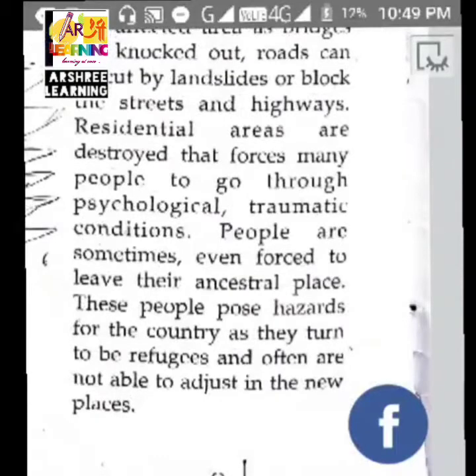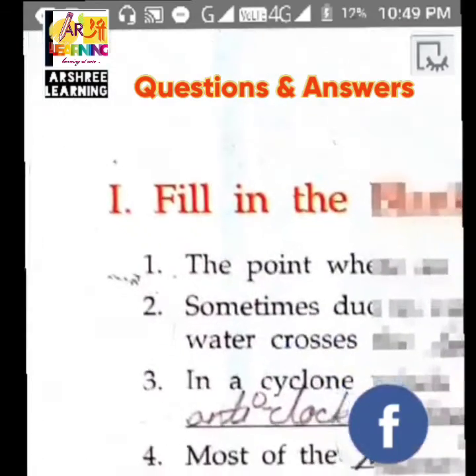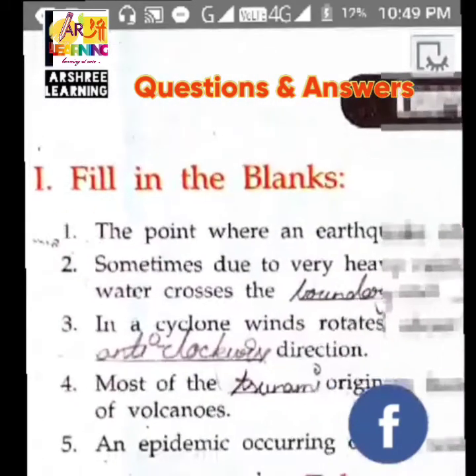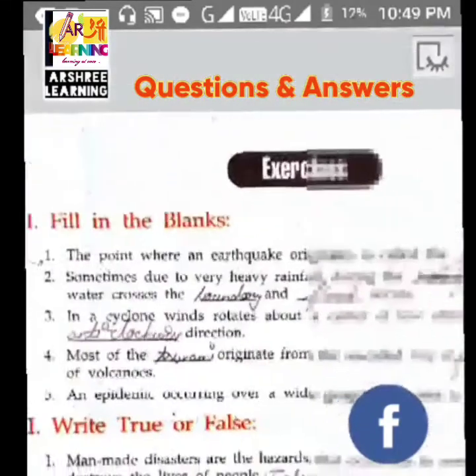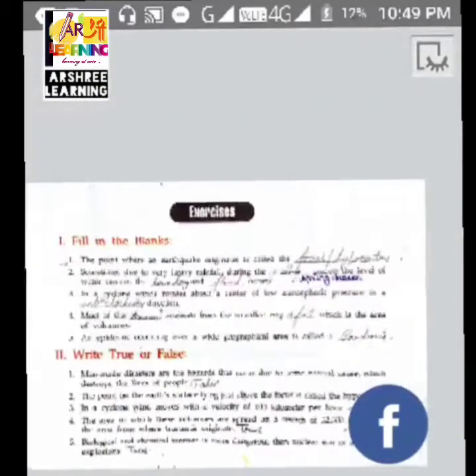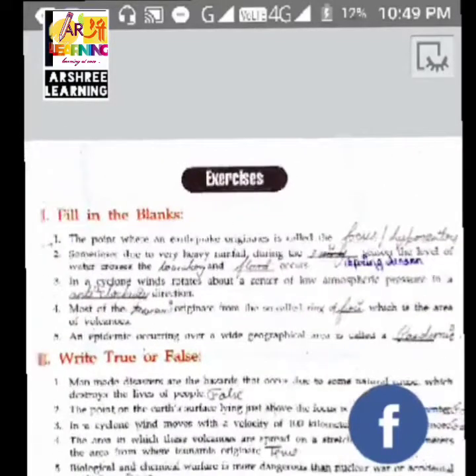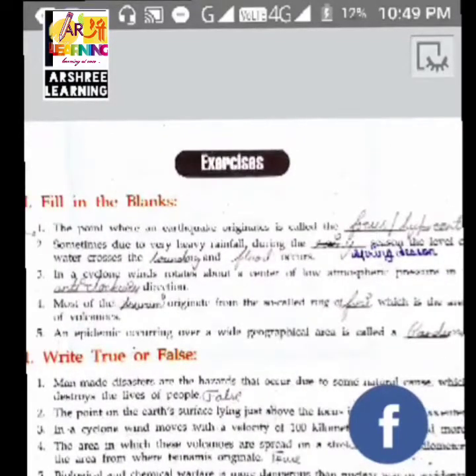These people pose hazards for the country as they turn into refugees and often are not able to adjust in the new places. So whenever there is any disaster, the people who are directly affected suffer, but people who are not directly affected are also affected because they are separated or cut off from the rest of the population.